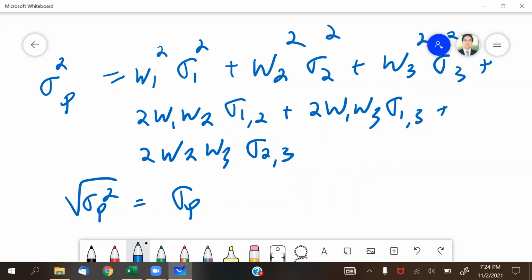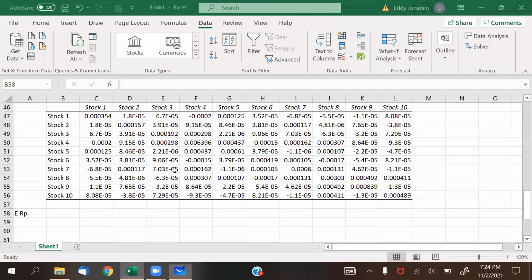But can you imagine if you have 10 stocks or 20 stocks? It would be quite dangerous. If you had something like this in Excel, most likely you would have a lot of errors there. If you have errors, it might be inaccurate, or you may not get any result because of a formula error. So we have to use the matrix.